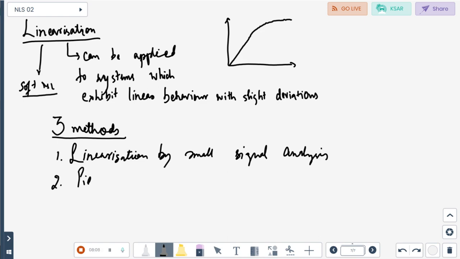Secondly, we have piecewise linear approximation. And thirdly, we have the harmonic linearization.